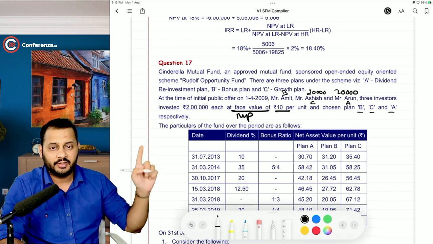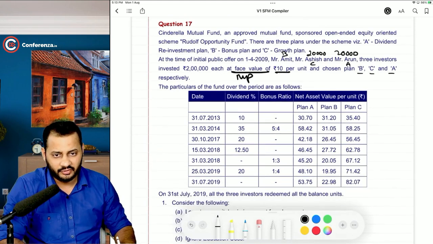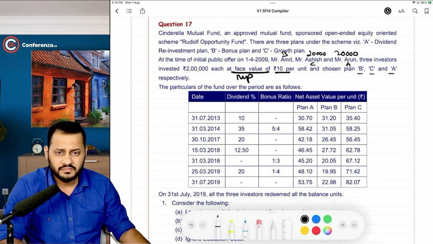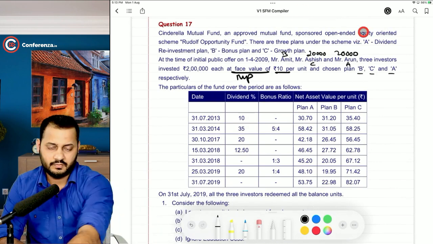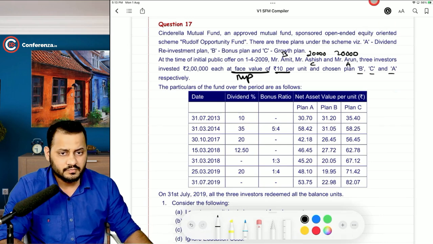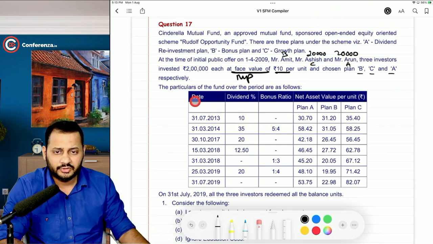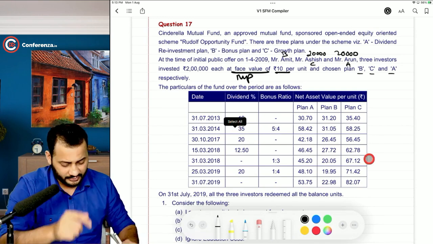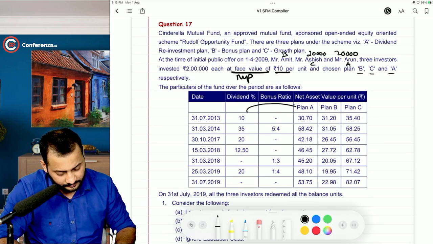Okay. The particulars of the fund over the period are as follows. You can see here. Yeah. So these are the dates given to you. The dividend declared by the dividend plan. So this is related to plan A only.